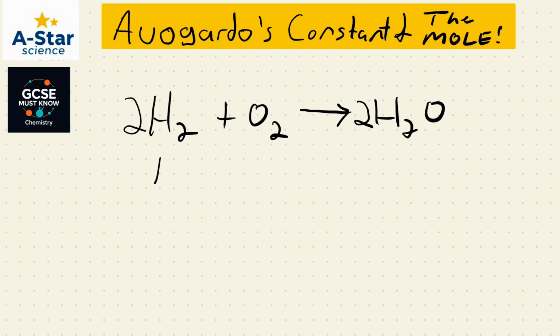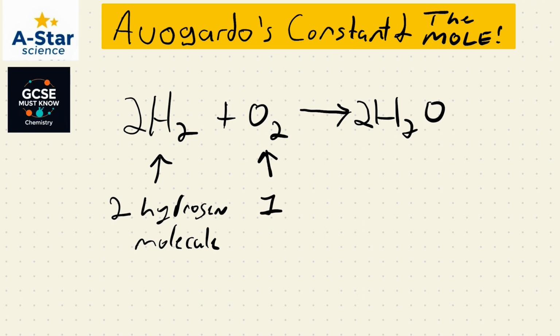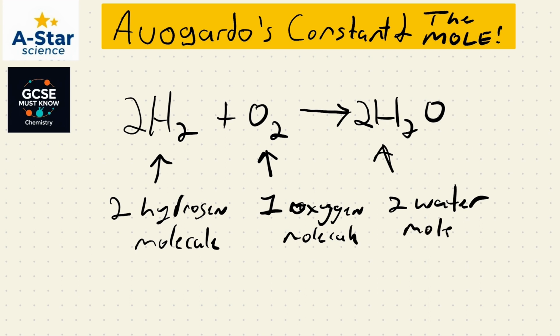This is telling us that it takes 2 hydrogen molecules for every 1 oxygen molecule to produce 2 water molecules.